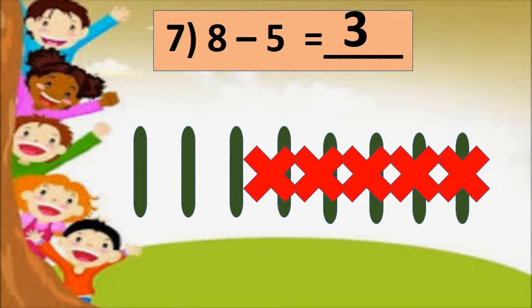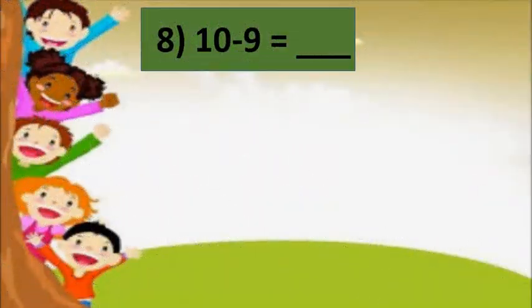Look at the board. FB number 8. 10 minus 9 is equal to a dash.